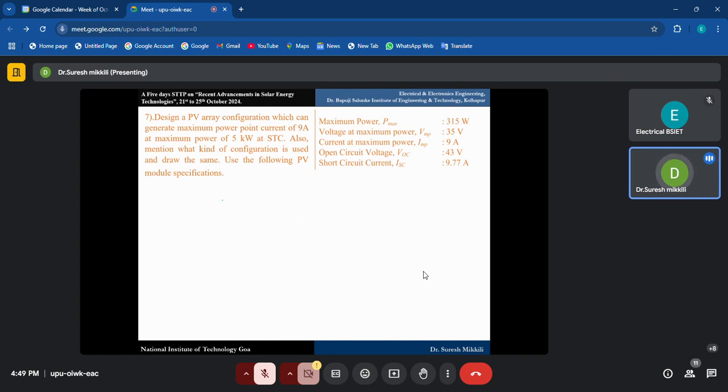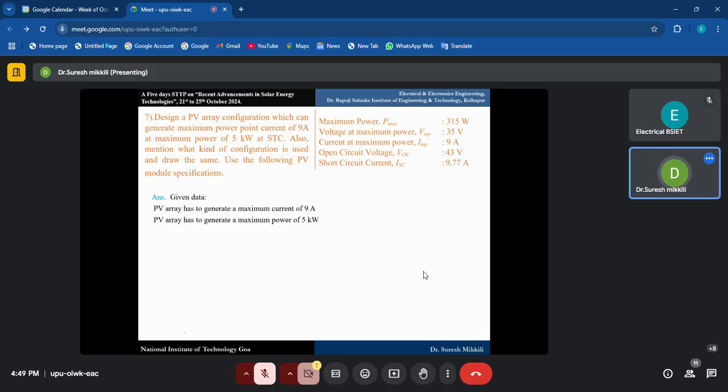The current flowing through all the modules should be 9 amperes. Output current is 9 amperes. Maximum current the PV array should generate is 9 amperes. The PV array has to generate maximum power of 5 kilowatt. This is the condition. So what has he given?